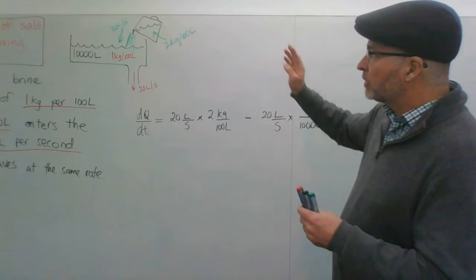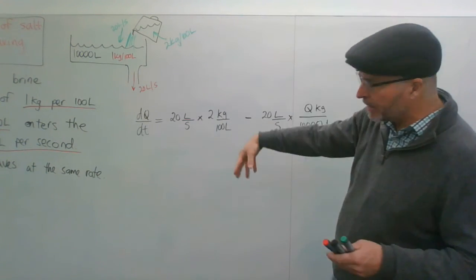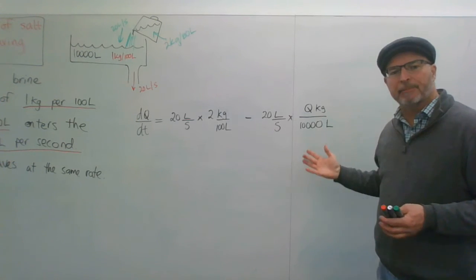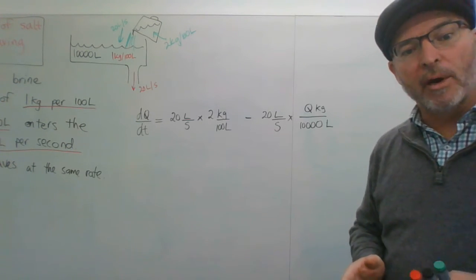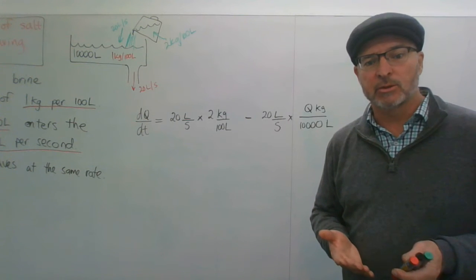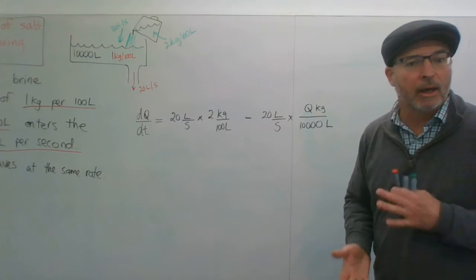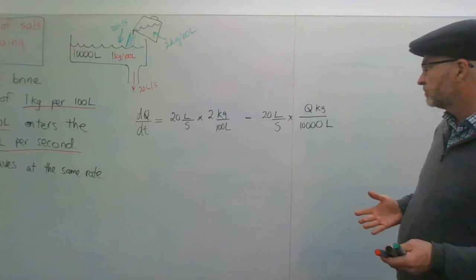Now we're lucky because 20 litres is coming in, 20 litres is going out, so that volume, 10,000, stays the same. But I'll do a question in a minute where I change up the volume as well, and we're going to have to alter what we put on the bottom of here because we've got to figure out what the overall volume is.